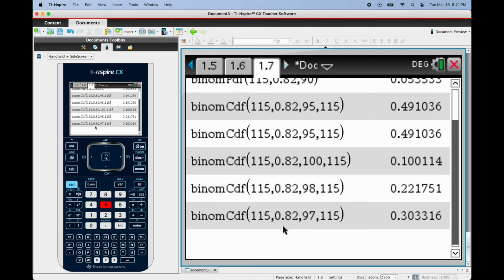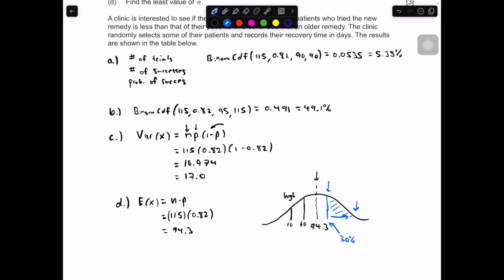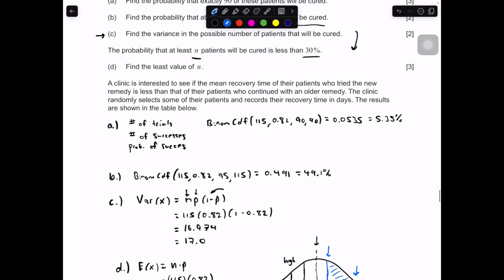Okay, so here we go. If we cure 97 patients to 115, we have a 30.333% chance of this actually occurring. But we're asked to find the probability that at least n patients will be cured is less than 30%.